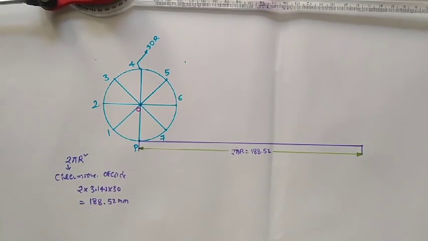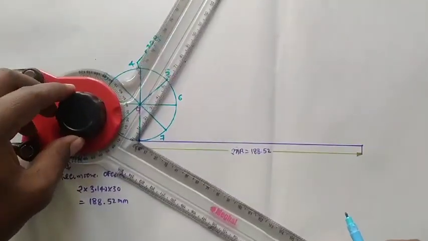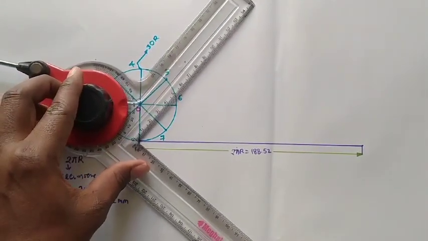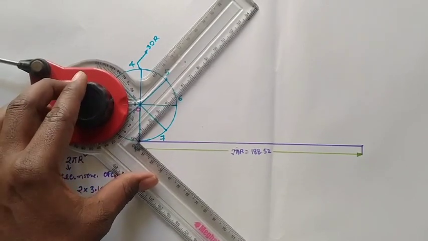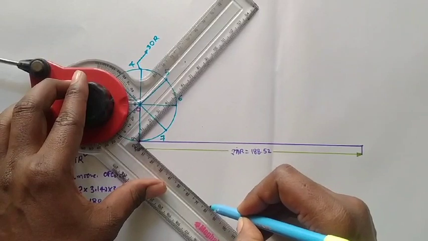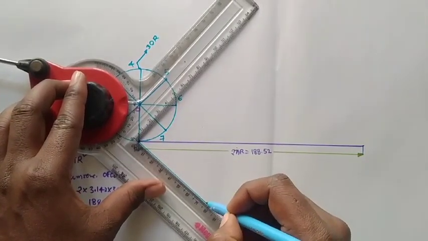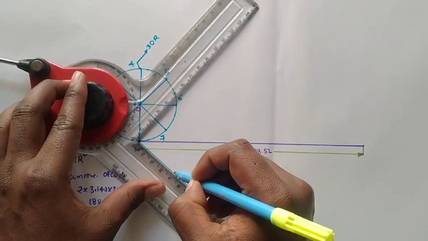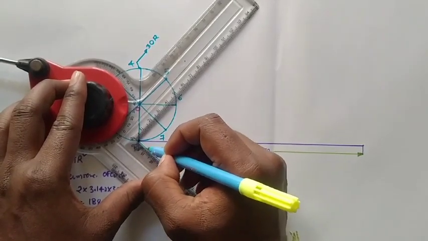For dividing into 8 equal parts, randomly with any angle, draw a line from point P. Divide this line into 8 equal parts: 1, 2, 3, 4, 5, 6, 7 and 8.